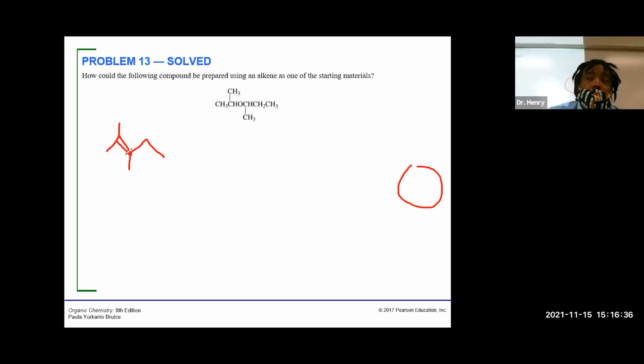So 2, 3 dimethyl. What would be the alcohol that you're using there? Okay. And so you're saying just OH here. Let's see. 3 OH.